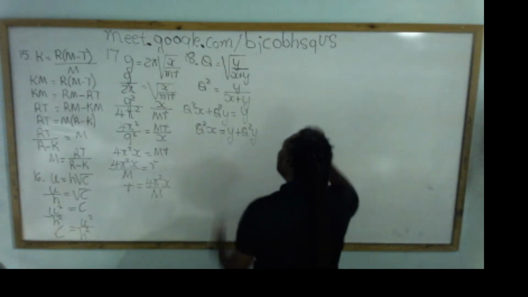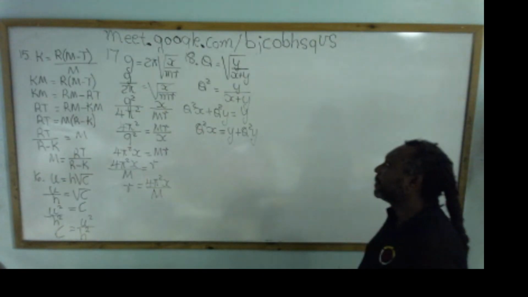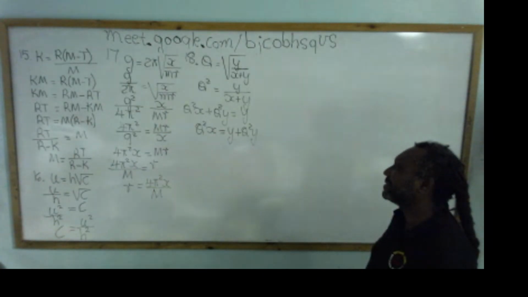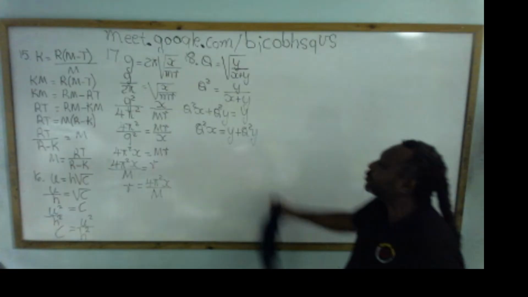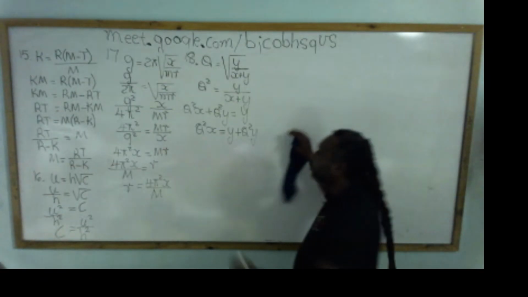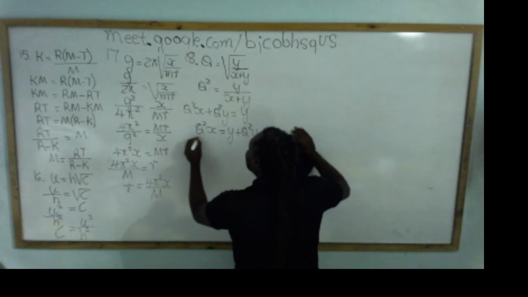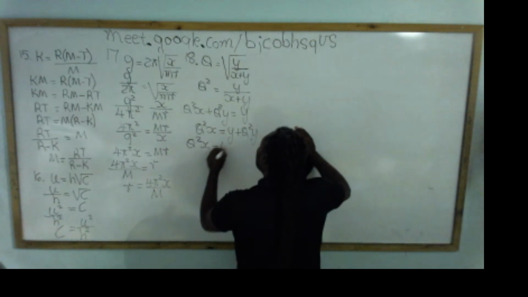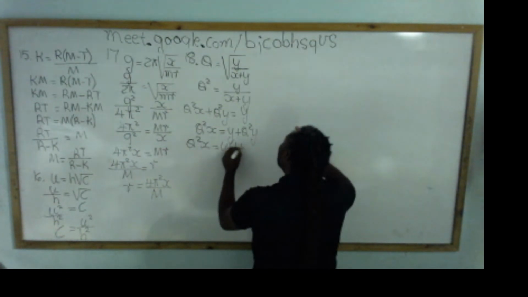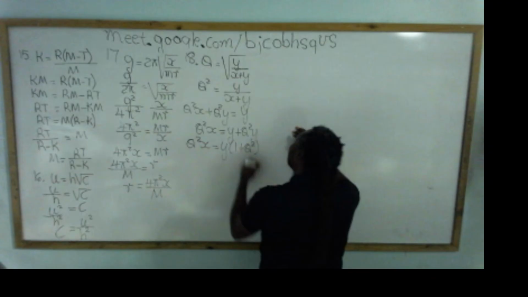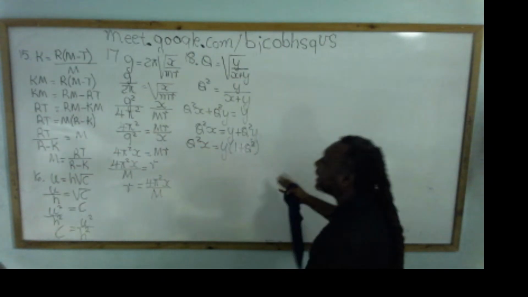You know what to do. And then what do we do next? We have two occurrences of the proposed subject. We know that we are going to factorize 1 plus q squared. And of course, after we factorize, we are going to divide by the large factor.